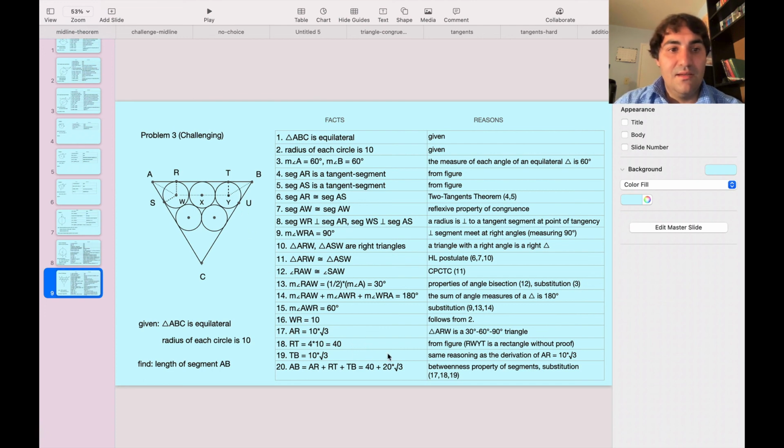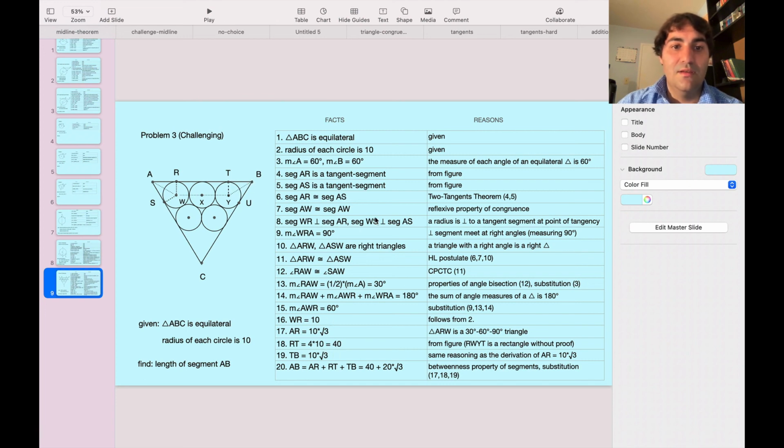For TB, we can use the exact same reasoning as where we derived that the length of AR is 10 times the square root of 3. So the length of TB is going to be 10 times the square root of 3.